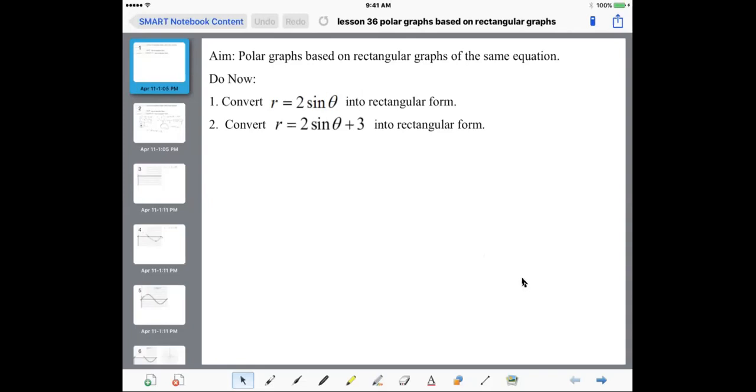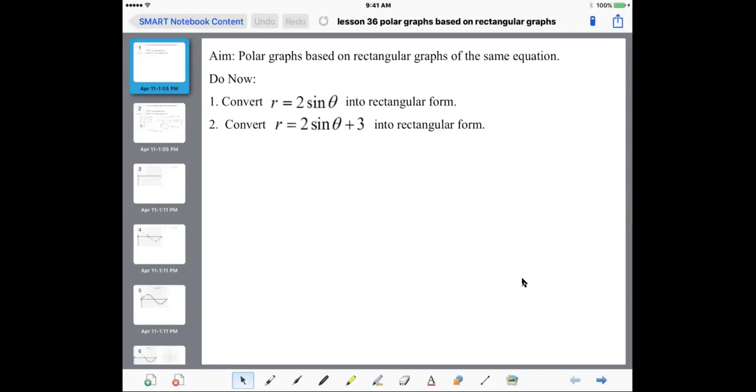Would someone type into the chat window, what happens with number one? That's one that we did last week. Okay, and I see some people responded that it becomes a circle.